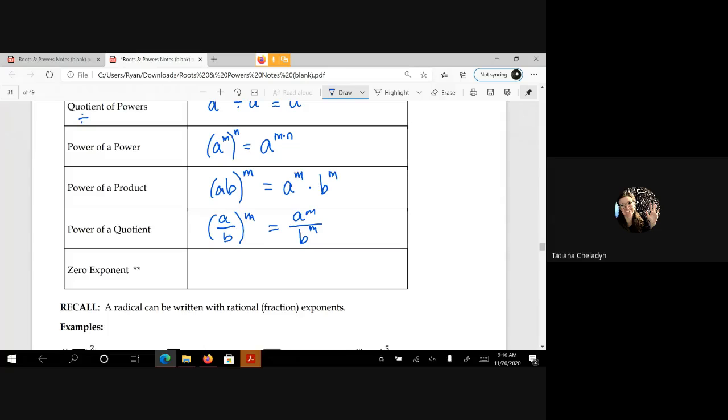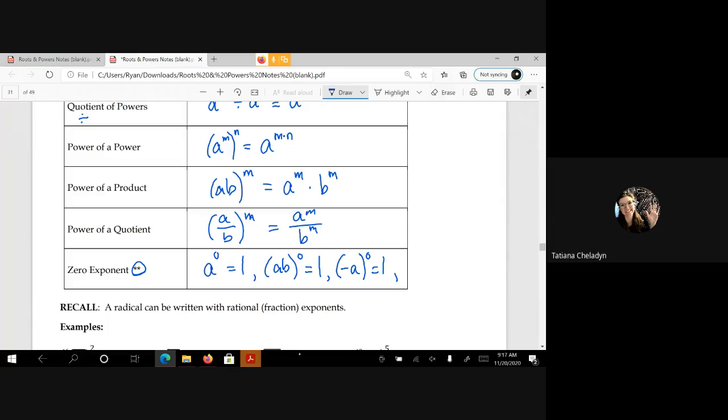All right. And then zero exponent. There's a star because it's a little bit tricky. So we have a to the 0, and we know that that equals 1. We have a times b to the 0 will also equal 1. If you have negative a in the bracket to the 0, that also equals 1.